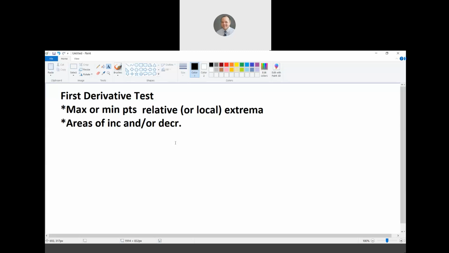Now, if you take the derivative again, then that too reveals a lot of useful information. So let's talk about what the second derivative test reveals.